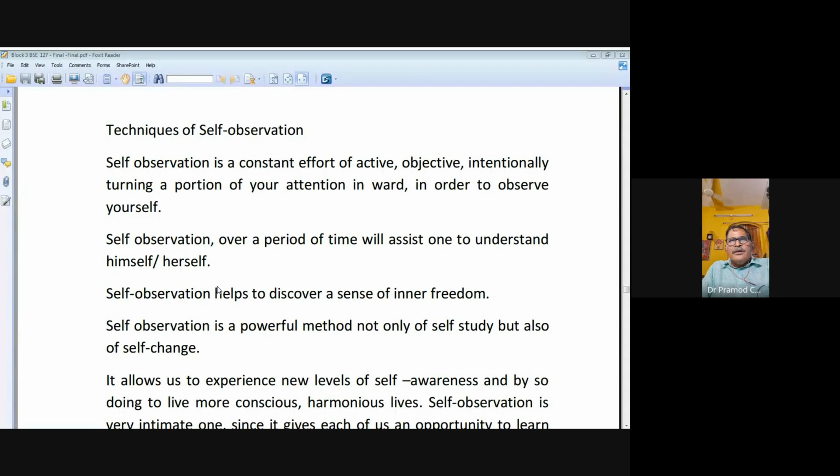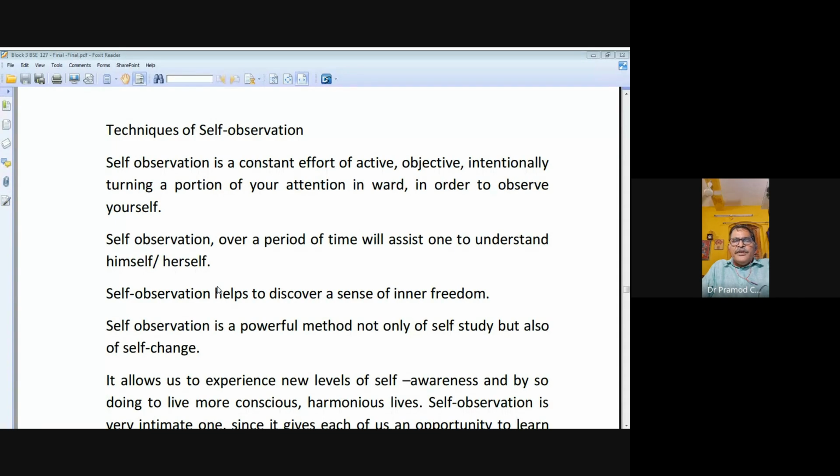Self-observation is constant effort, actively, objectively, intentionally turning a portion of your attention toward yourself. If you observe yourself, then automatically you can rectify yourself.